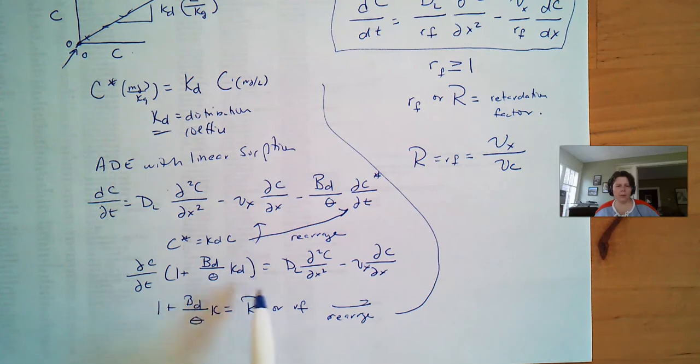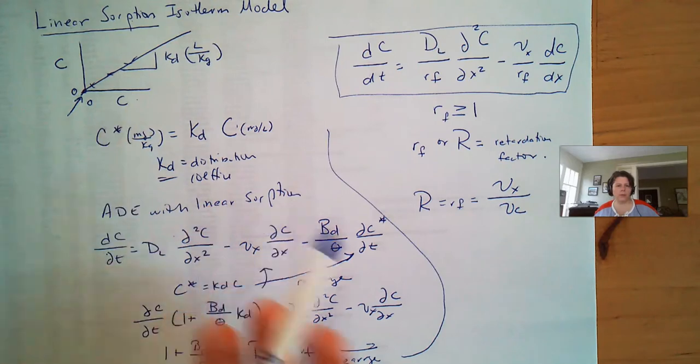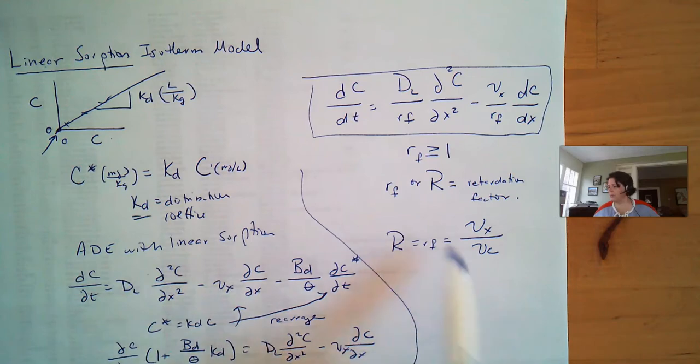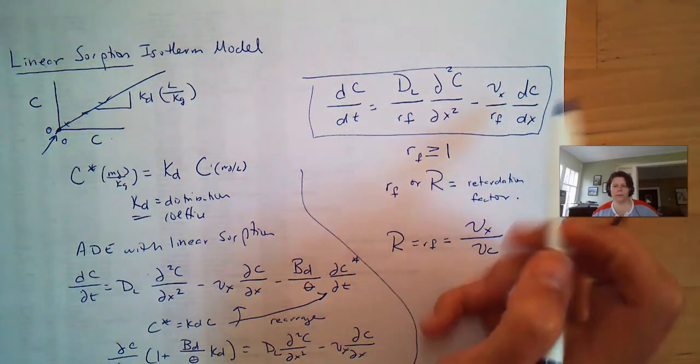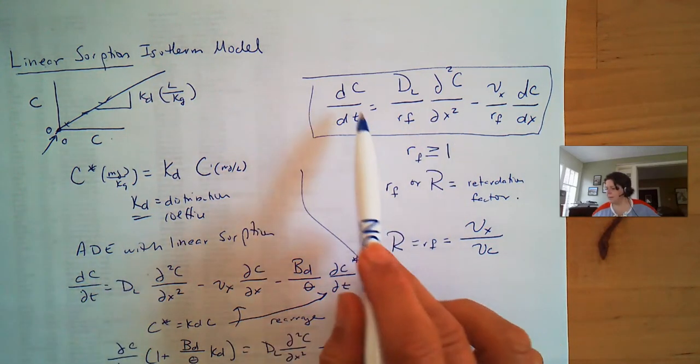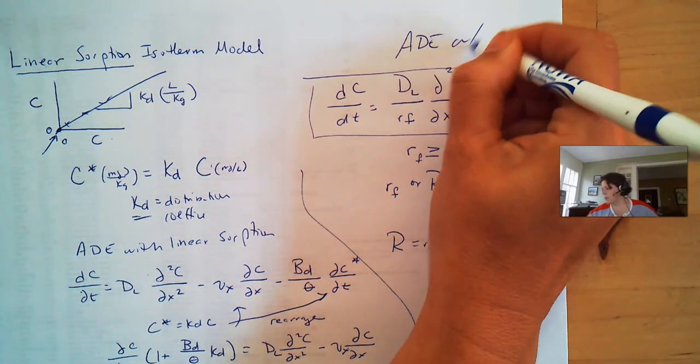And this right here is our retardation factor: bulk density divided by the porosity, since this is a saturated system, times the porosity, times our KD, which is what we determined experimentally. When we rearrange the whole equation, we end up with this. So this is the advection dispersion equation with linear absorption.